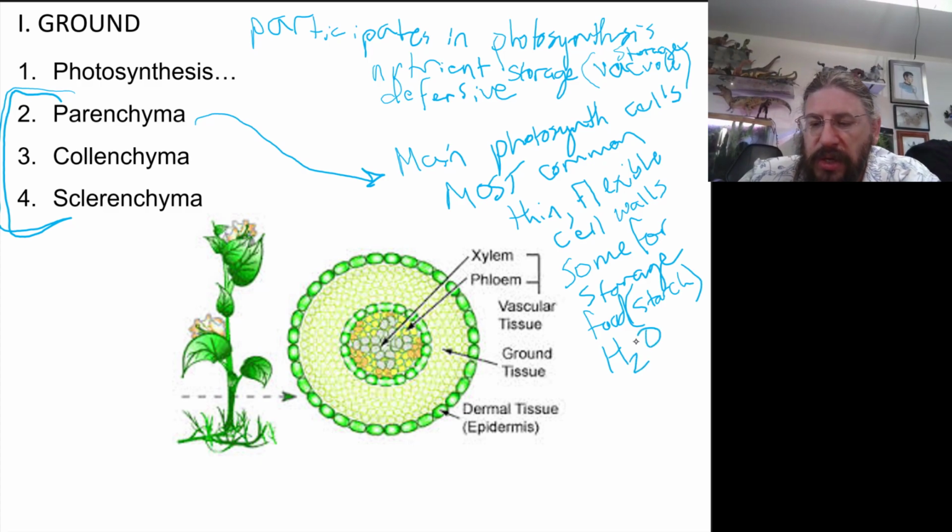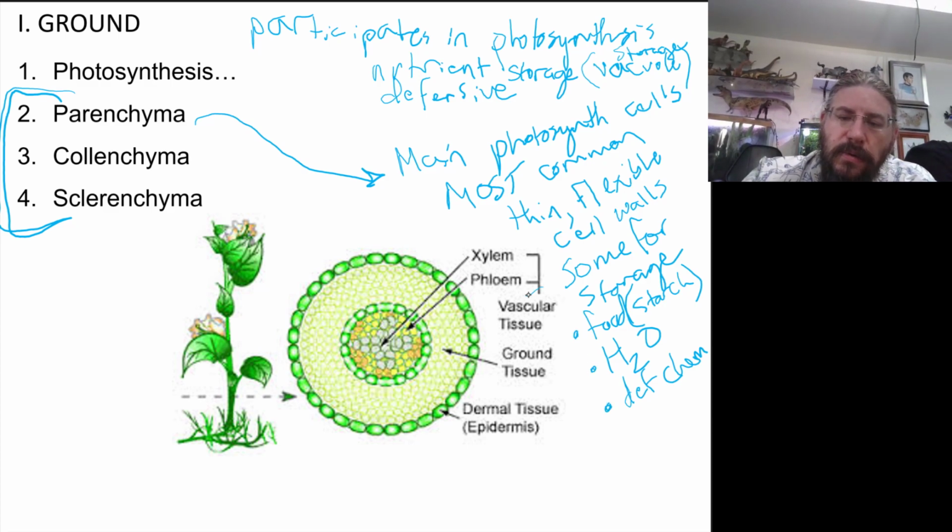But also toxins, so defensive chemicals, or, in the case of some carnivorous plants, offensive chemicals. So what else do we have in the parenchyma? Parenchymal cells are the ones that secrete nectar.